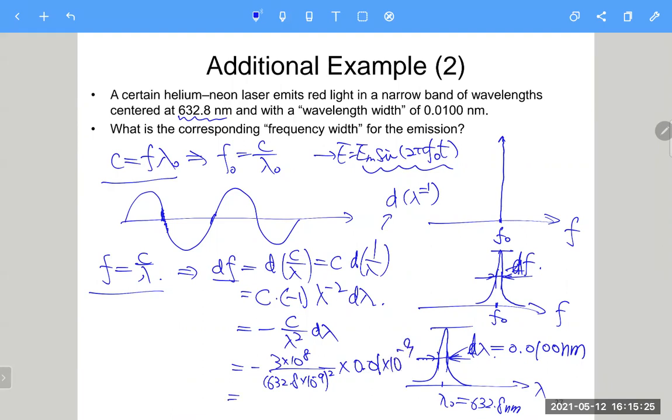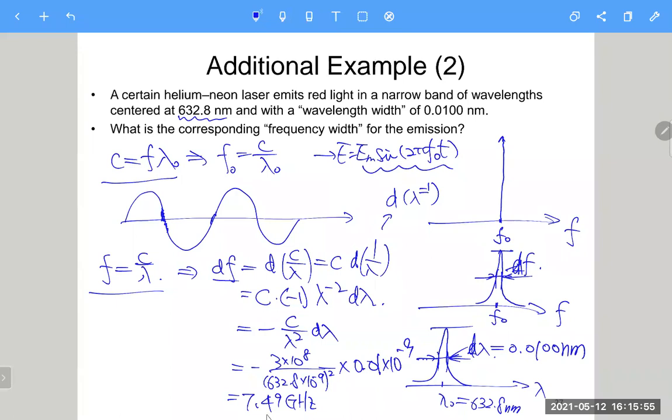So it turns out delta f will be 7.49 gigahertz. It seems large, but compared with the frequency of the visible light, which is the red light, this frequency range is so small.